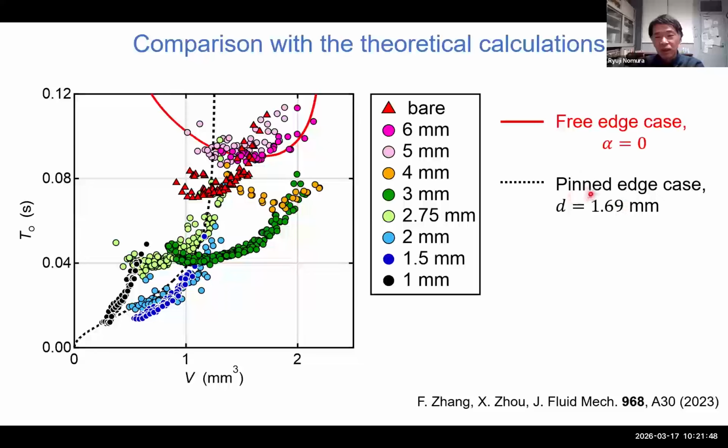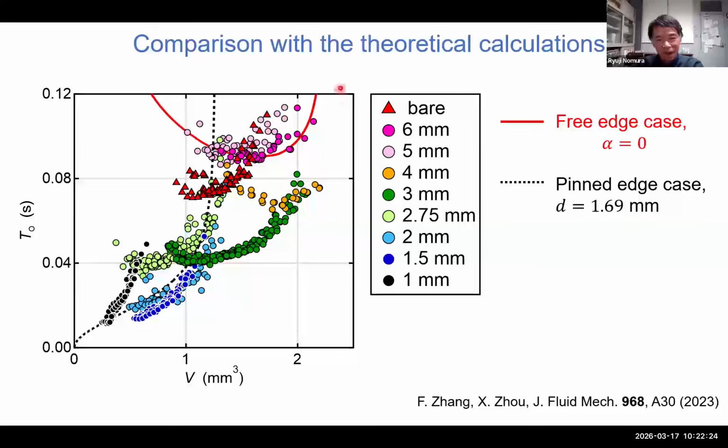Okay, first, let me show the pinned edge case, with diameter 1.9 millimeter or 1.7 millimeter. This is their calculation, the black line. And it reasonably agrees well with our observation for about 1.5 or 2 millimeter diameter, like this, for the pinned edge case. And this is a normal behavior. And in the free edge case, they also reproduce this kind of volume-independent oscillation.